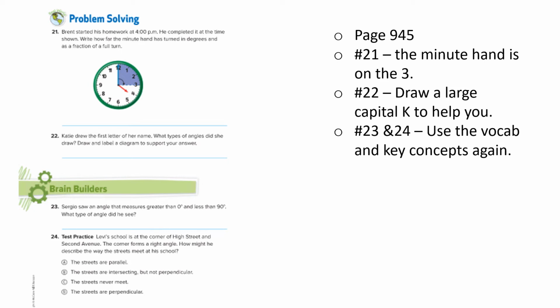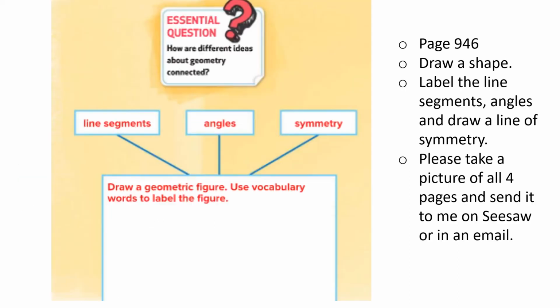I want you to know that the minute hand stopped on the 3. So is that 1/4, 1/2, or 1 full turn? That's what they're asking you. For 22, they want to know what kind of angles are in a capital K. So my hint to you is draw a capital K and look at the angles. 23 and 24 you can solve by using again the vocabulary cards or the key concepts.